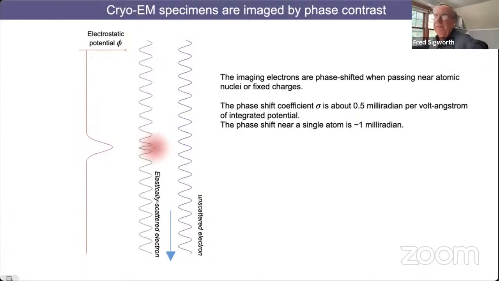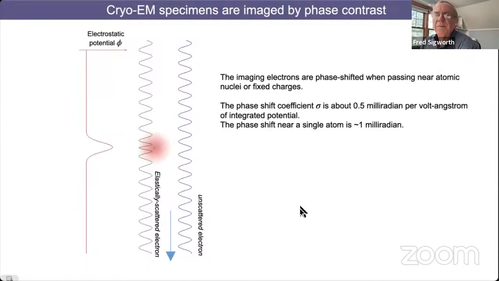The useful contrast that we get when we image a cryo-EM specimen is phase contrast. Basically, when an electron wave passes near an atomic nucleus, it sees a positive potential, and that speeds up the electron briefly, and that shifts the phase so that the electron wave after it's passed by there has been shifted in phase from the unscattered wave.